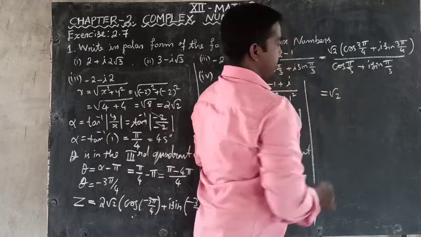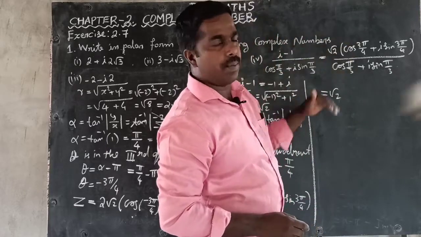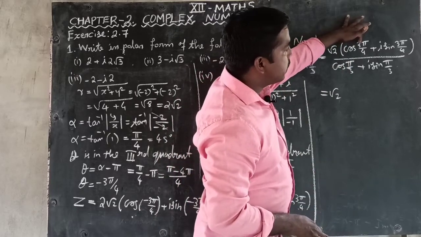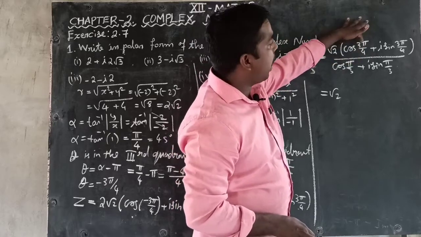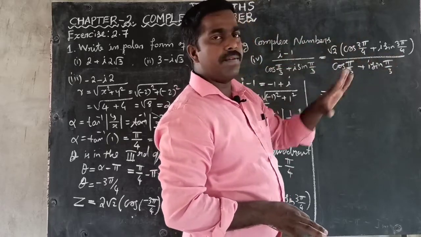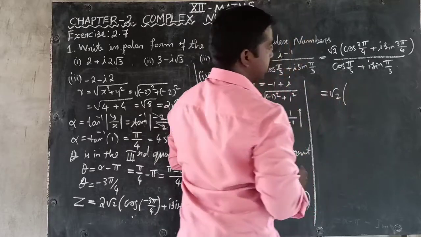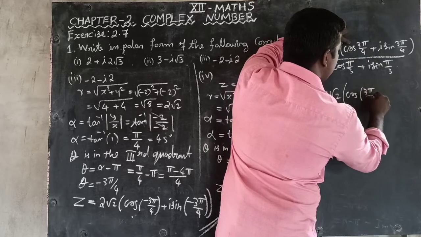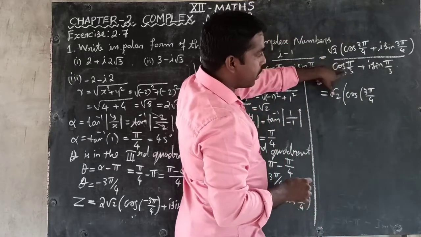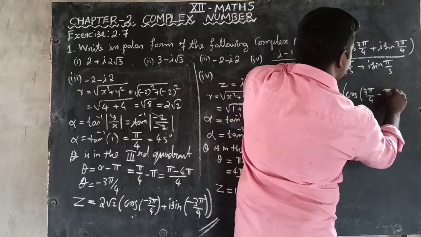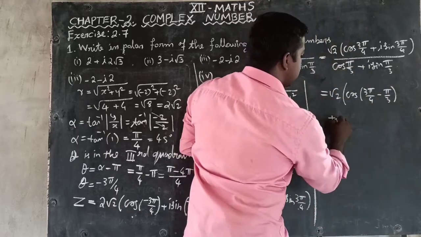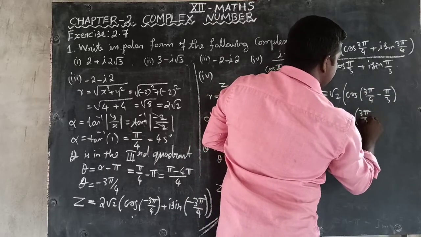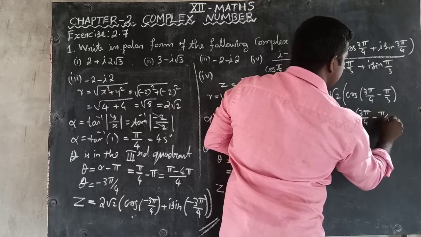Already we have the result. If you divide any two complex numbers, it is enough to subtract the argument values. This result we already saw in the previous class. Here cos of the first angle 3 pi by 4 minus the denominator angle pi by 3, plus i into sine of 3 pi by 4 minus pi by 3.